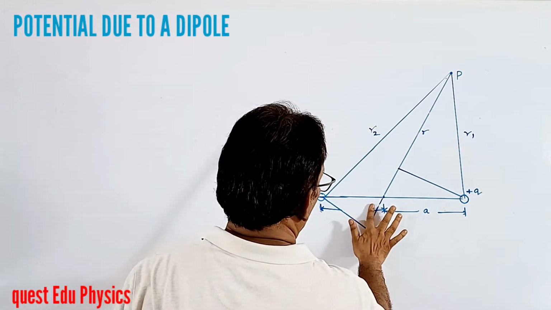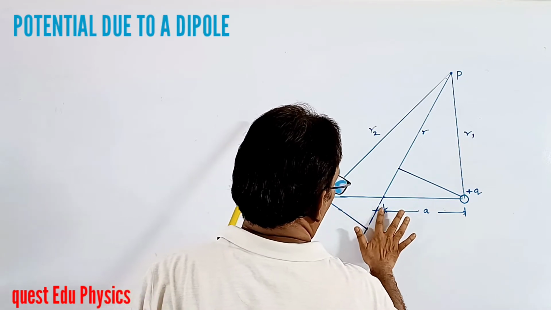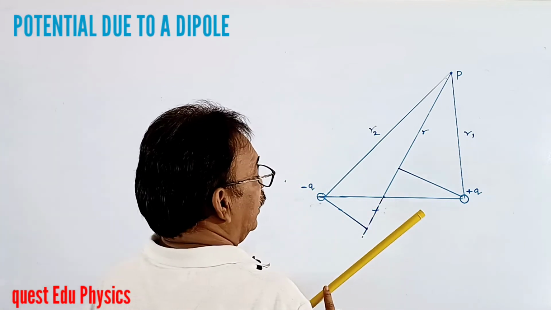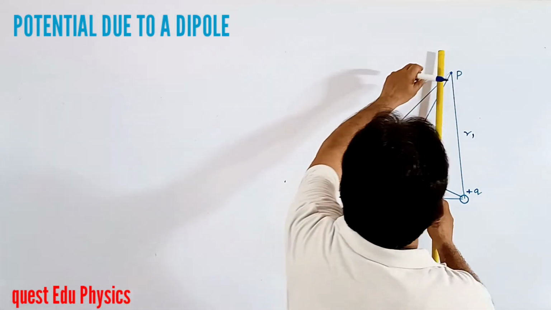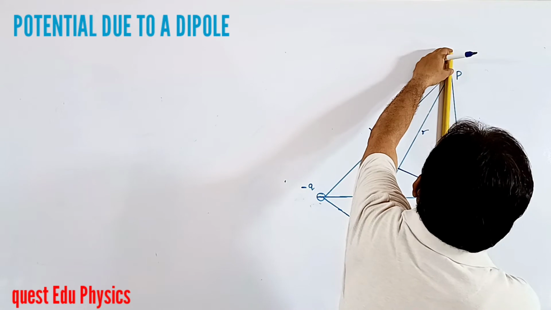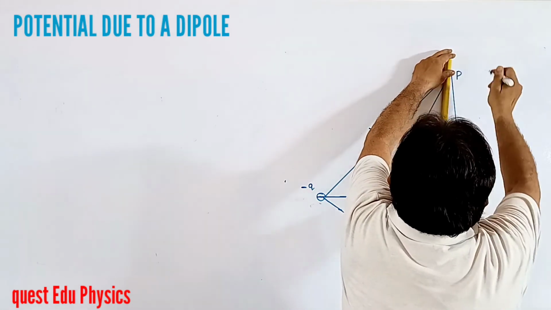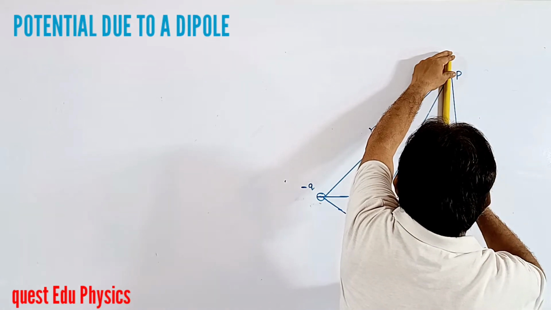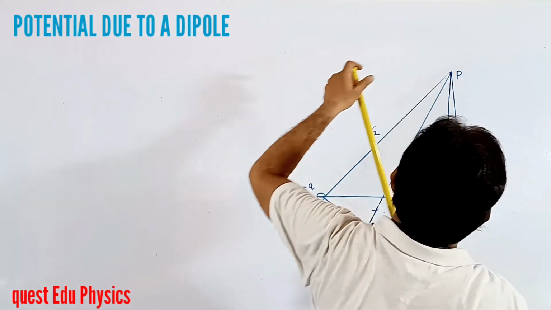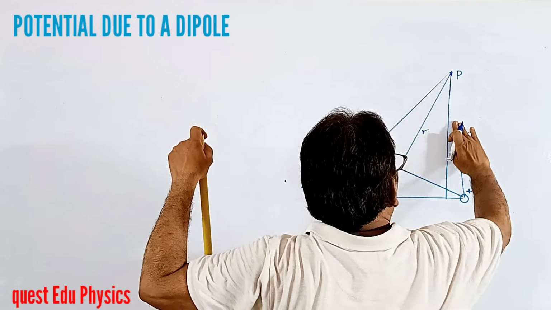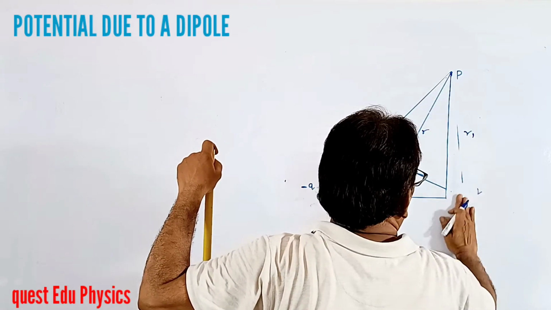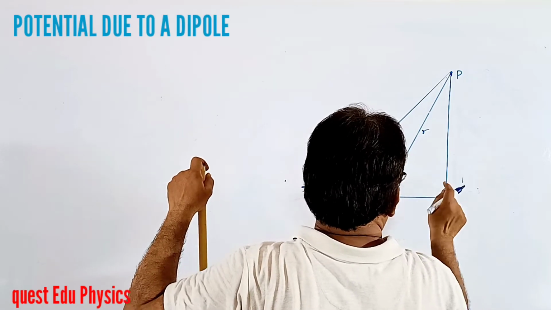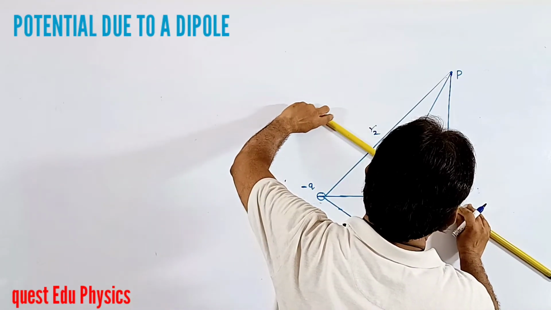Let's make it clear, students. I'm making it somewhat shorter. To understand things very easily, I'm making some arrangements.